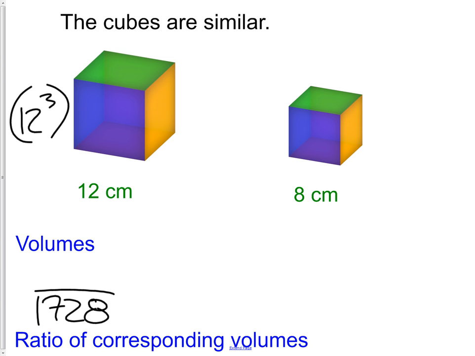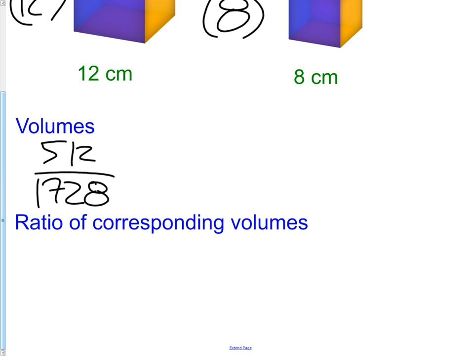Then we do the exact same calculation for the small cube, which would be 8 by 8 by 8, which gives us 512. Now we have our 2 volumes, and all we need to do is reduce them down to lowest terms. Again, this is really simple on your calculator, but if you don't do that, go ahead and do it longhand. Reducing that fraction down, we get 8 over 27.